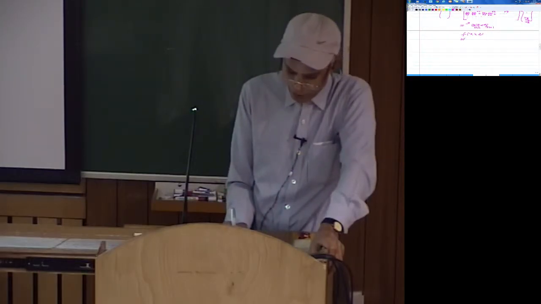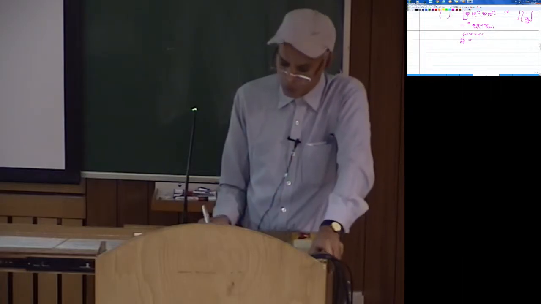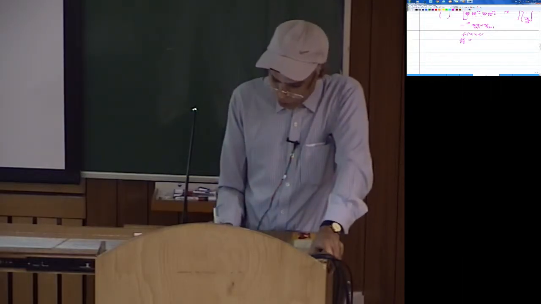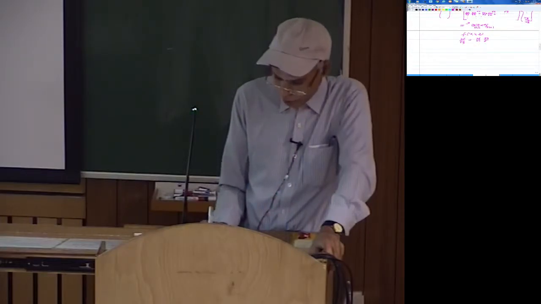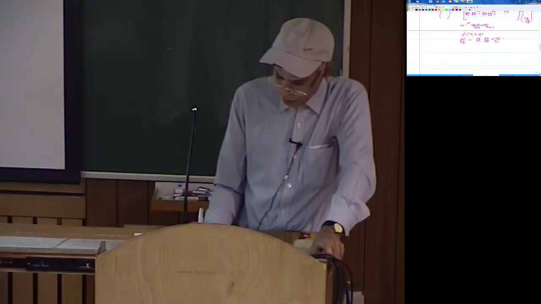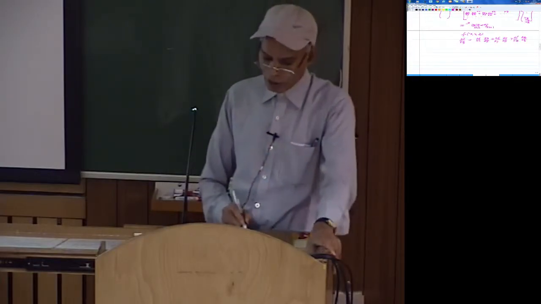So I can write del f by del xi, exactly similar to what we did for 2D, as del f by del x into del x by del xi plus del f by del y into del y by del xi plus del f by del z into del z by del xi.